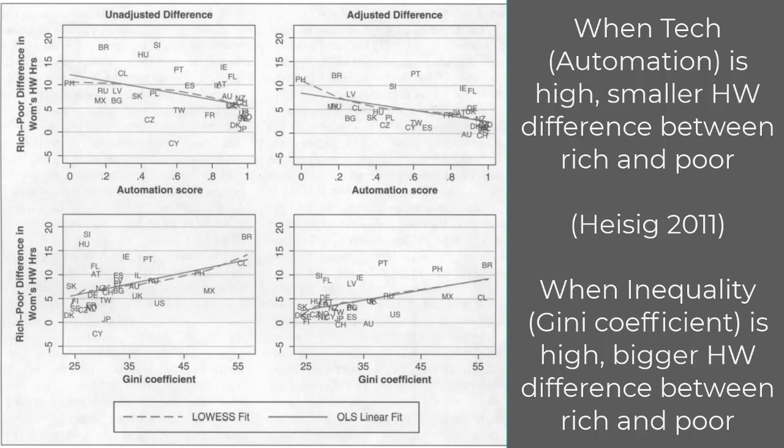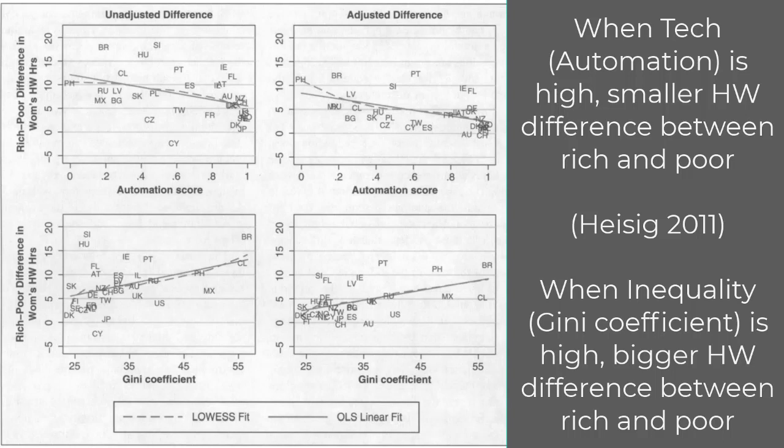So here we're seeing for these countries, which have these two-letter codes, Gini coefficients between 25 and 55 or so. And we're seeing that as the Gini coefficient goes up, as the amount of inequality in a nation rises, the difference between the rich housework hours and the poor housework hours also spreads. So that's in line with the inequality explanation.